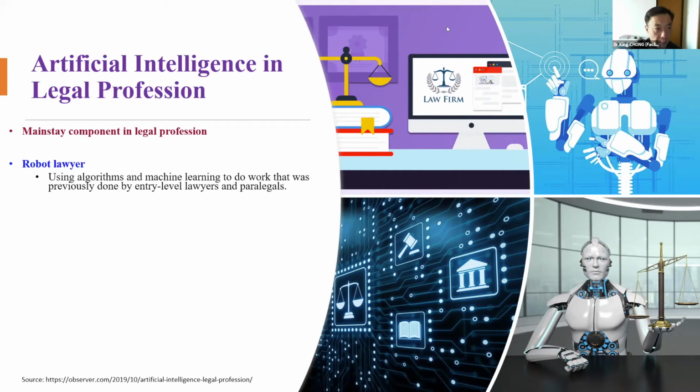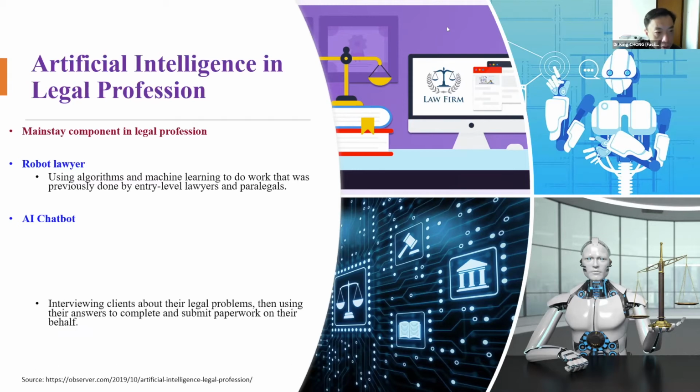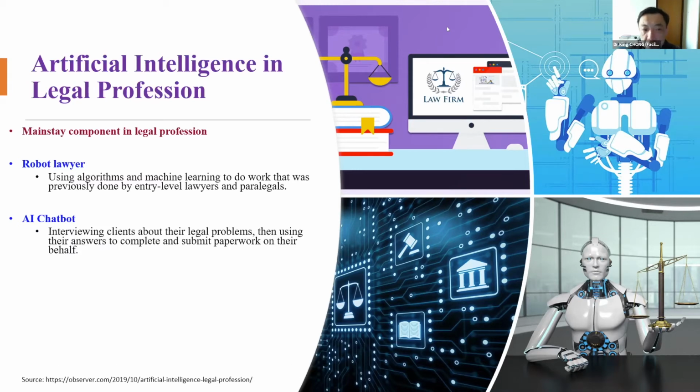That's the first level of application of AI in the legal profession. The second one is the AI chatbot, as Mr. Sarah already introduced with a very excellent example. The AI chatbot can interview clients about their legal problem or legal issue, and then use the answers from the client to complete a document and provide an answer. So they finish the first level of documentation.